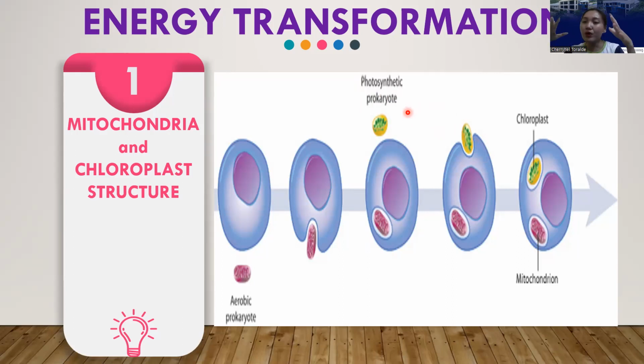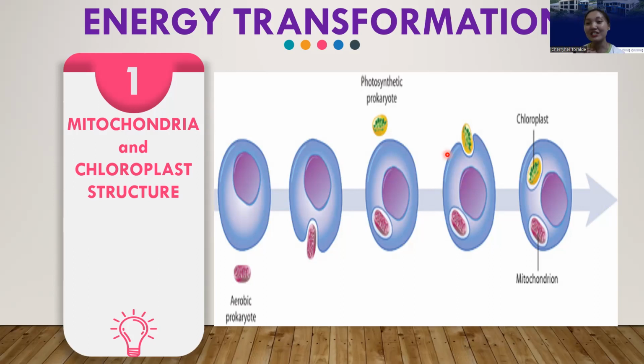So, ijang gikaon, pero instead of degrading it or breaking it down, this photosynthetic prokaryote happened to work with that ancestral eukaryote by giving it food, which is in the form of carbohydrates. And this is now the beginning of the formation of the higher order photosynthetic eukaryotes.